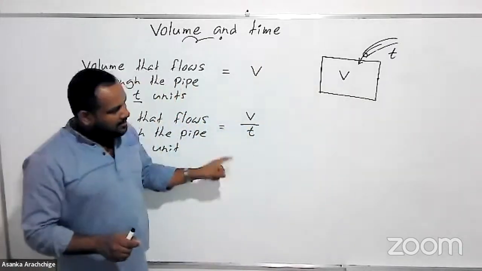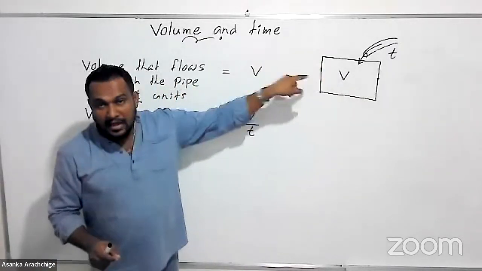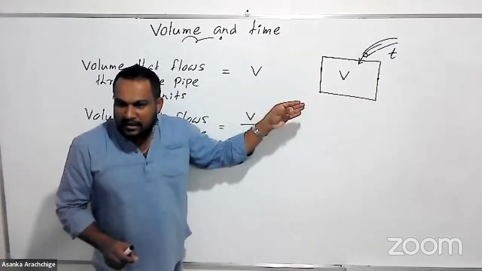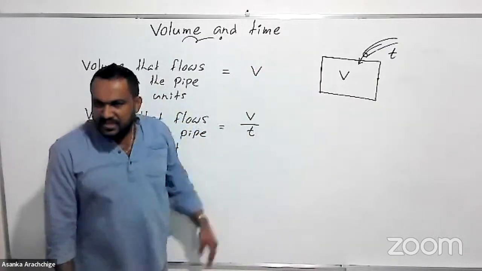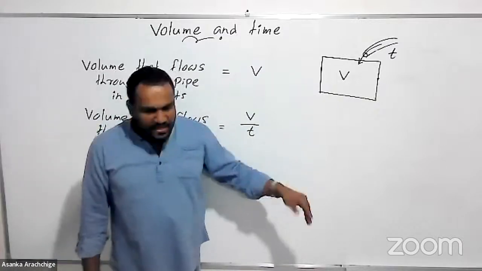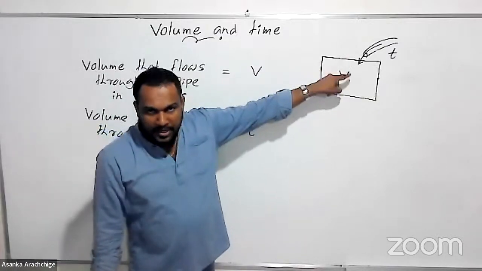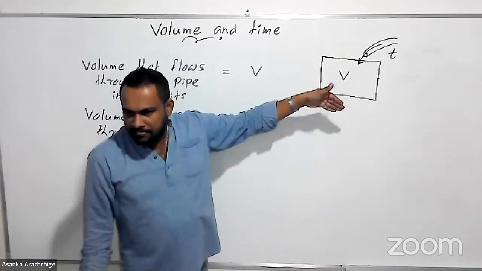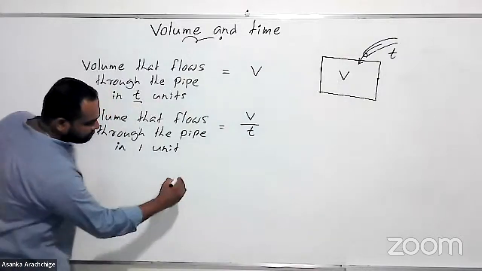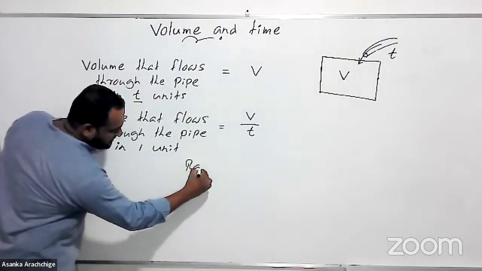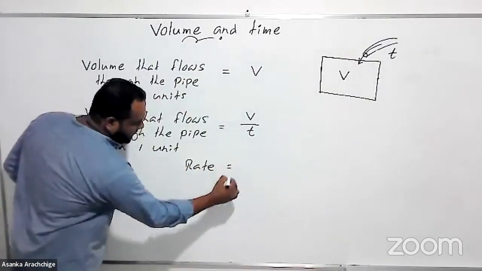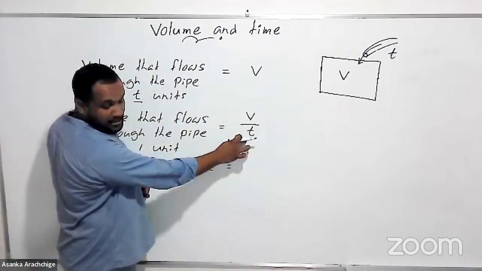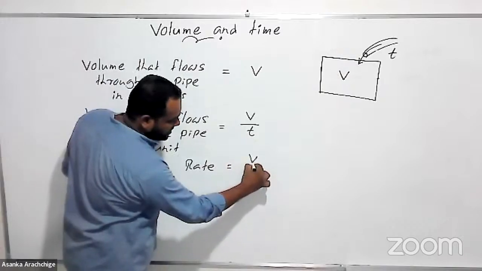We call this the rate at which the relevant liquid flows through this pipe. The rate at which the relevant liquid flows through the pipe, right? The rate. Understood? So the rate is obtained by dividing the total volume by the time taken.